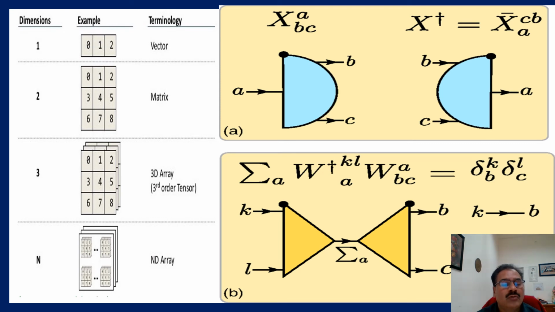Now once again, this is connected with the previous lectures. We know the vector is this, the matrix is this, a 3D array is a third order tensor, and an n-dimensional array is the form of a tensor. If you look at the pictorial representation in graphical form, then X with A, B, C is an image tensor.